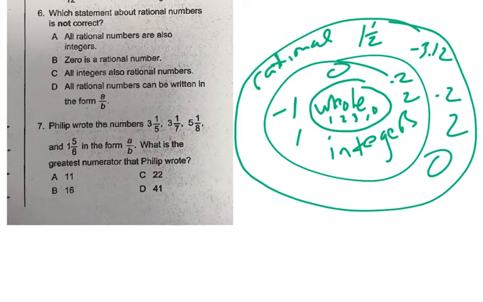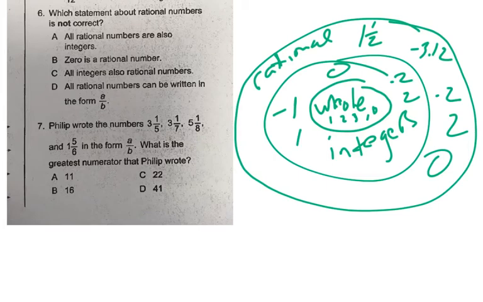So if it's a whole number, it goes in all 3 categories. Then, if it's an integer, it's negative or positive, or the opposites. Okay. So if you're a whole number, you're an integer. If you're an integer, you're also rational. However, you can work your way from the inside out, but you can't necessarily go from the outside in.